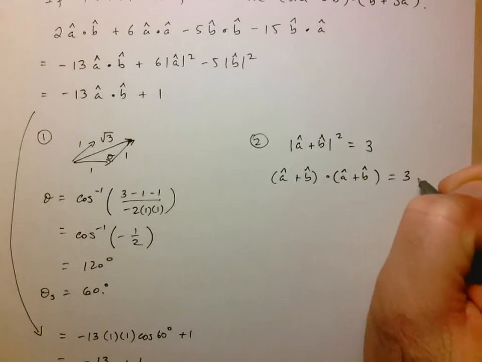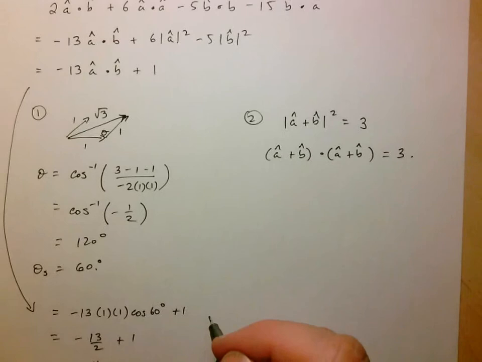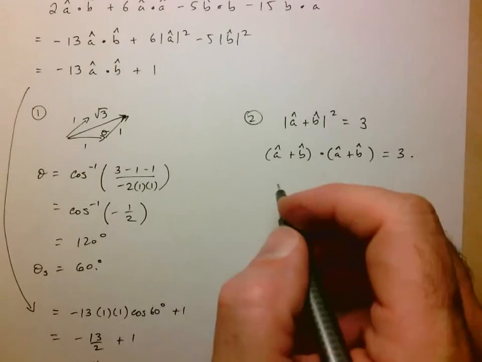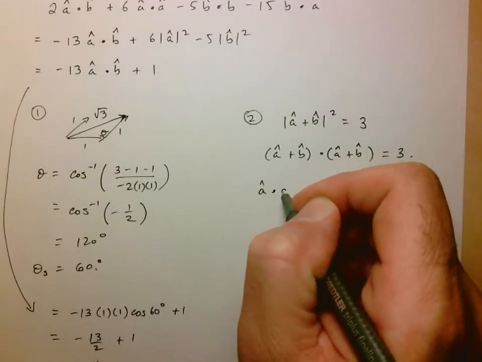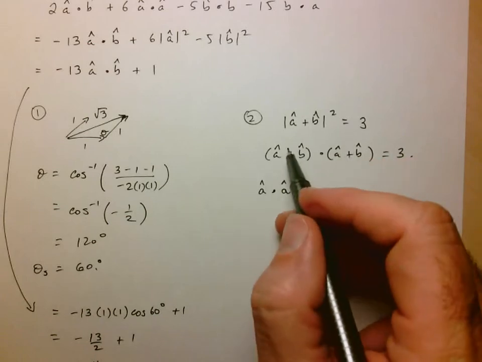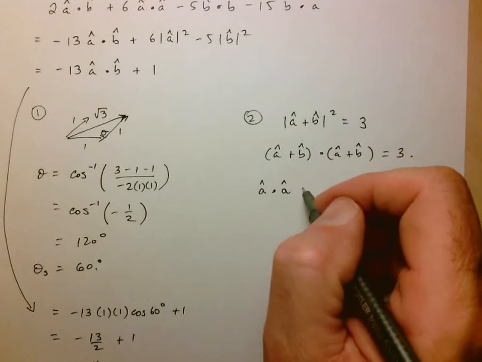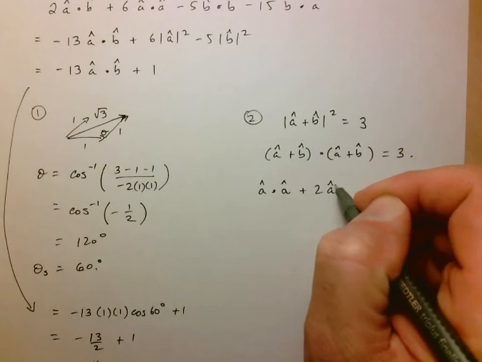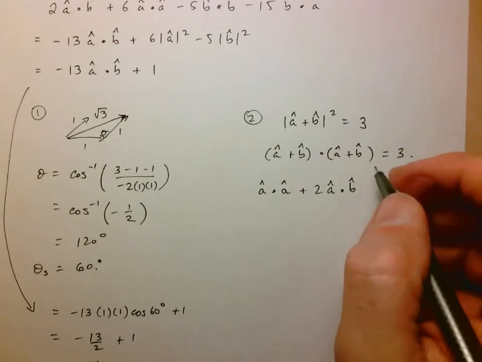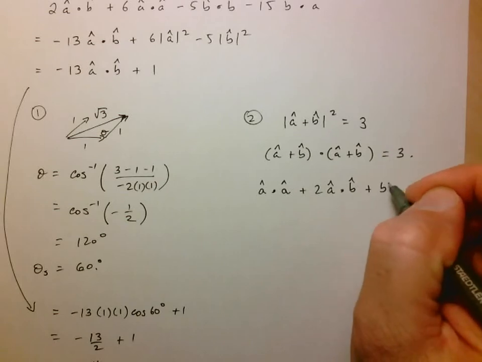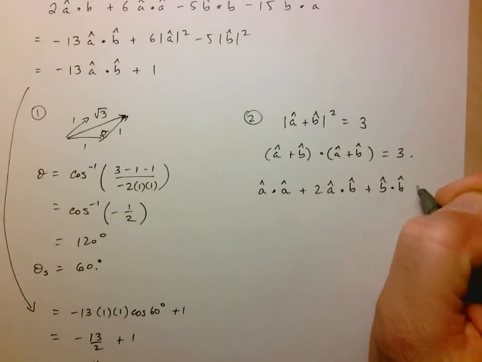That's equal to 3. And hopefully you're seeing what's coming here, that when I now expand this, I have a dot a, I have a dot b plus b dot a, but since those are the same, that's just plus 2a dot b, and then plus b dot b equal to 3.